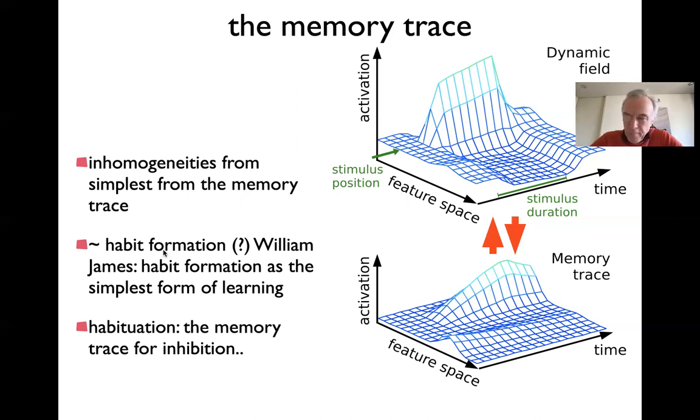And there are actually signatures of that kind of behavior in animals. For instance, habituation is very often seen in animals in terms of needing a stronger stimulus to elicit the same response again after a certain number of times of having experienced the stimulus.